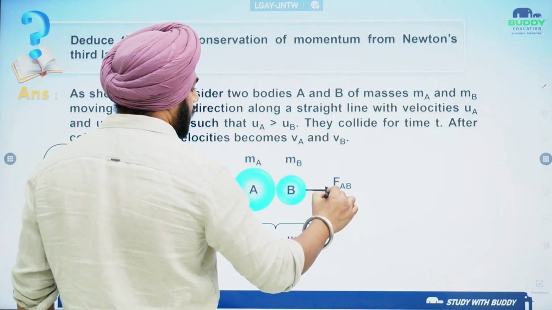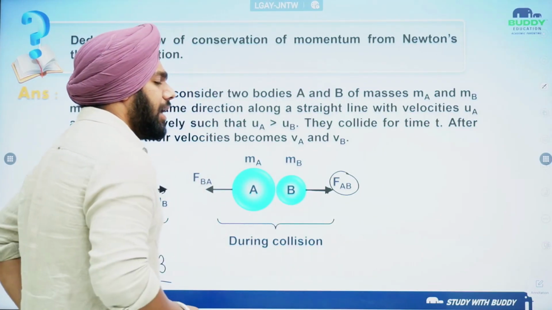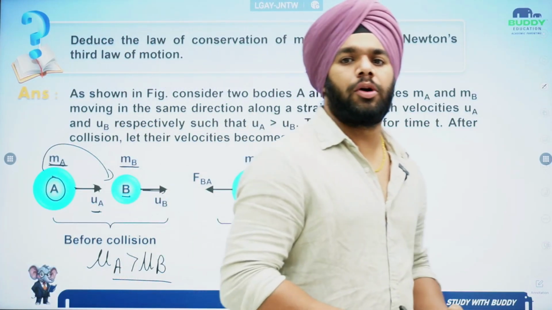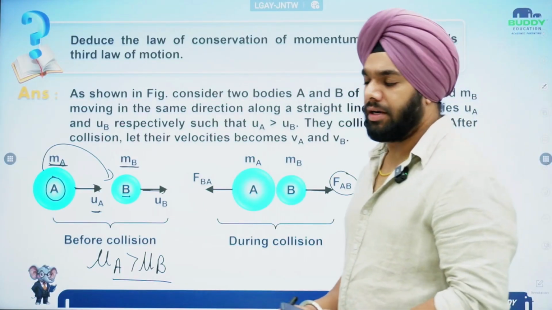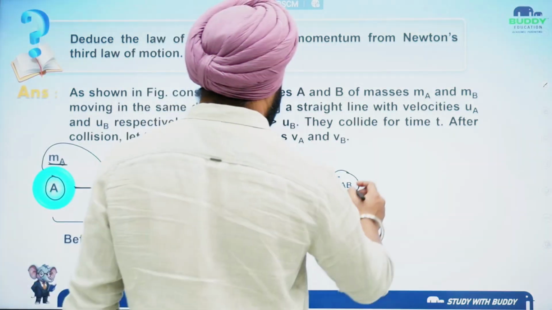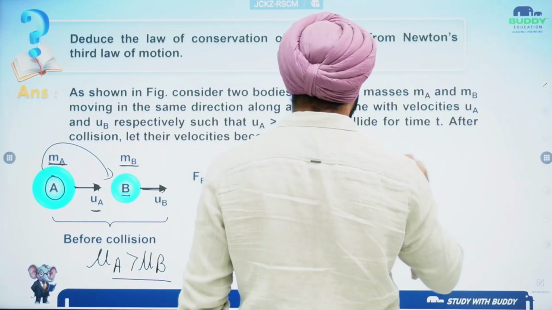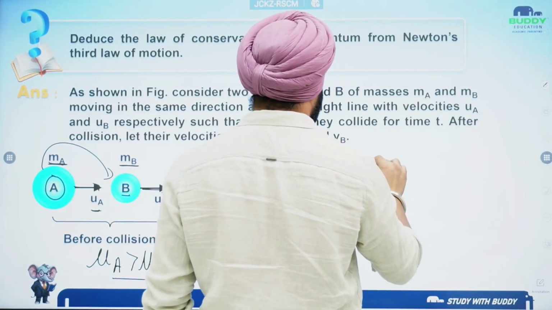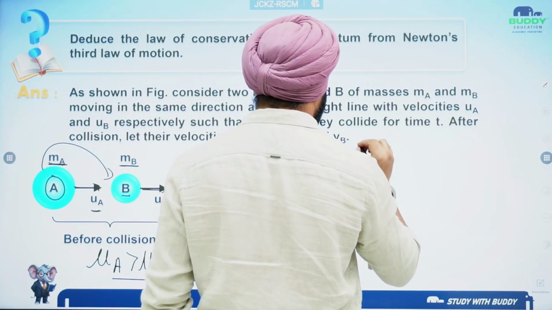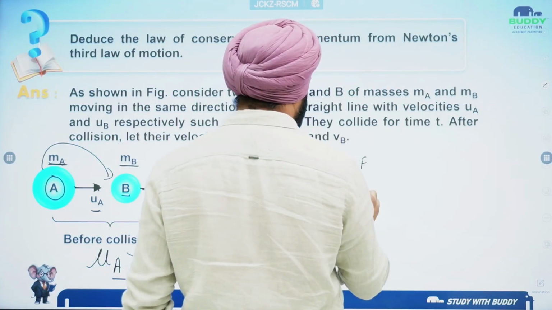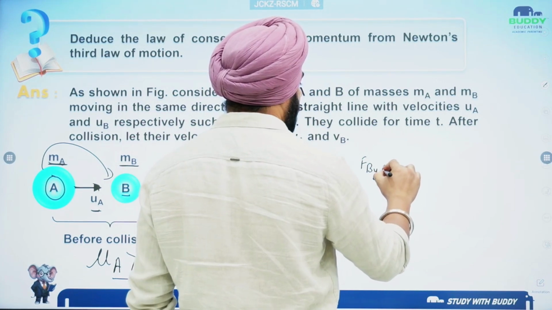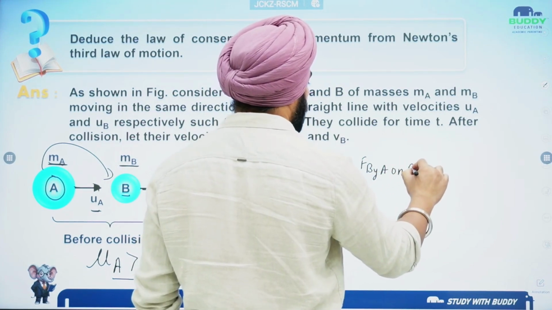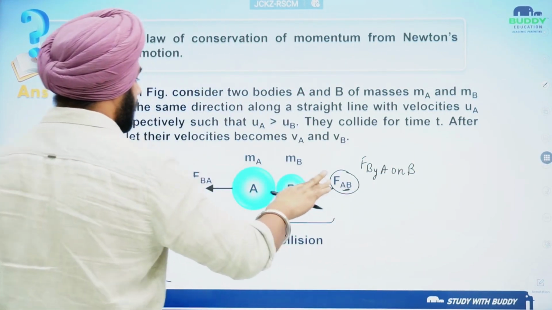Okay, then FAB. What is FAB? FAB is the force exerted by body A on body B. Okay, got it? So FAB is the force on B due to A, the force by A on B. Okay, so FAB is in this direction.